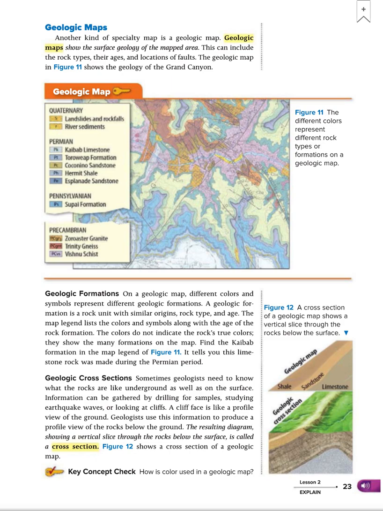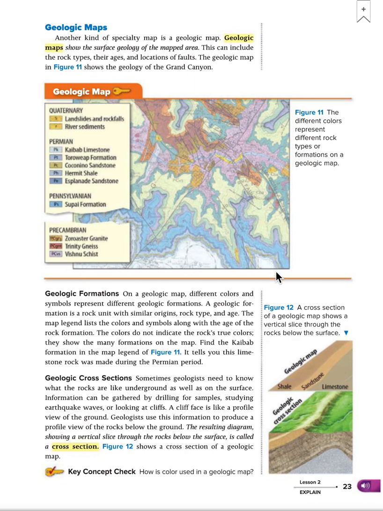A geologic formation is a rock unit with similar origins, rock type, and age. The map legend lists the colors and symbols along with the age of the rock formation. The colors do not indicate the rock's true colors, they just show the many formations that are on the map.